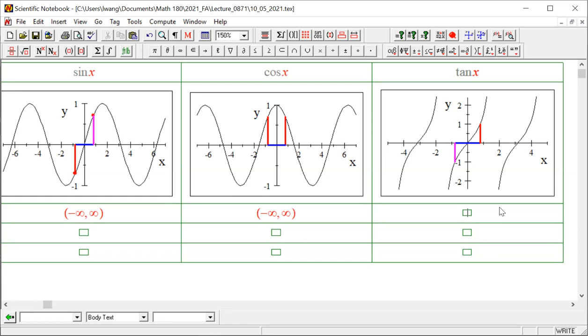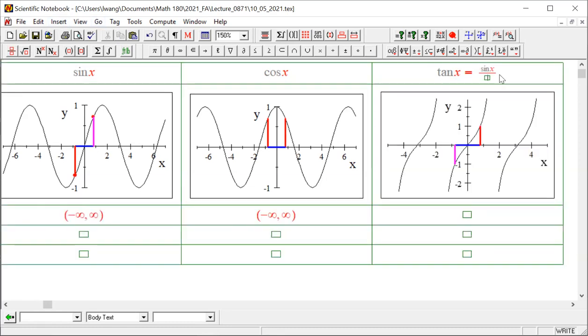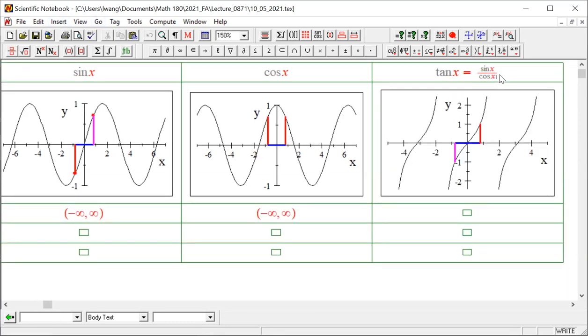What's the domain of tangent? Tangent is equal to sine over cosine, right? If tangent is sine over cosine, cosine is in the denominator, so cosine x cannot be 0.